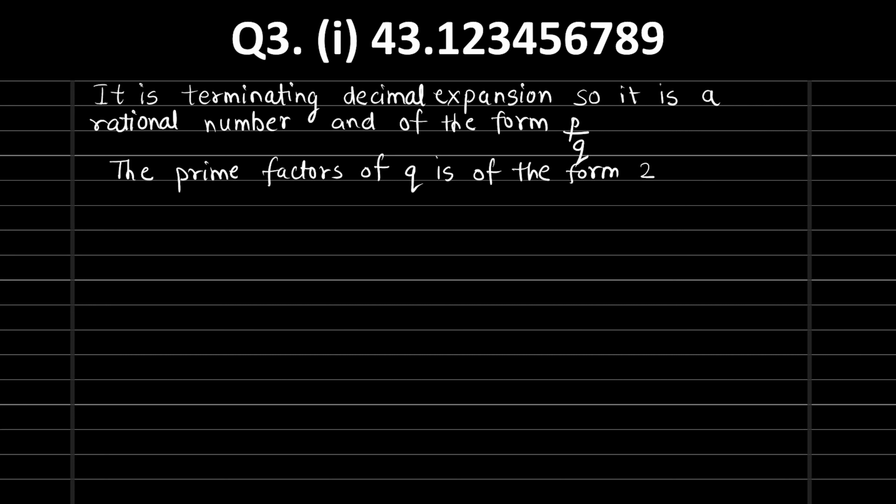So they will be of the form 2 raised to n into 5 raised to m, where the exponents of 2 and 5, which are n and m, are whole numbers.